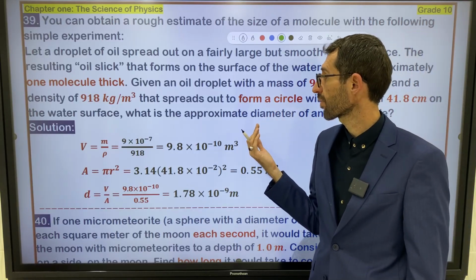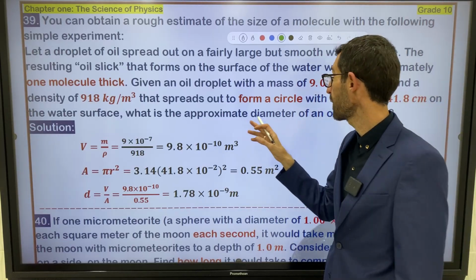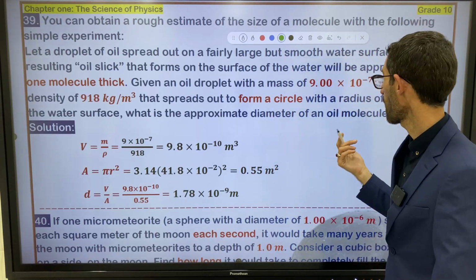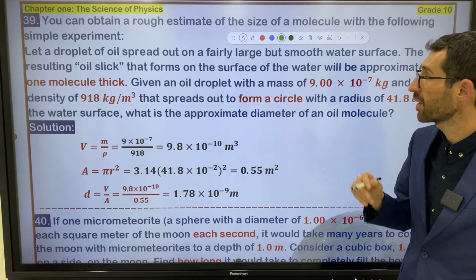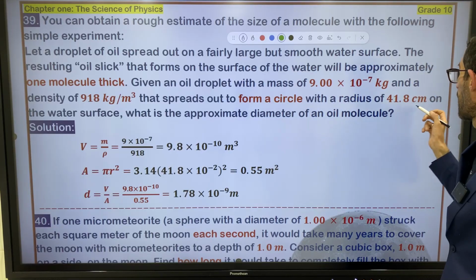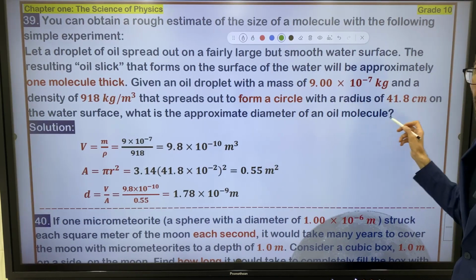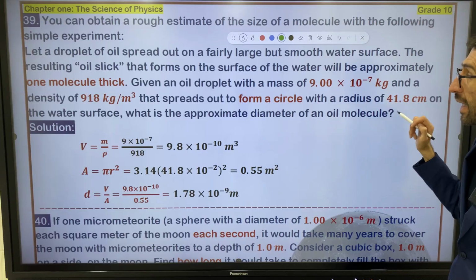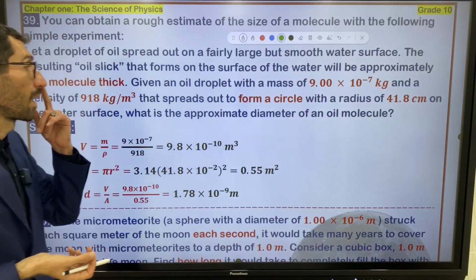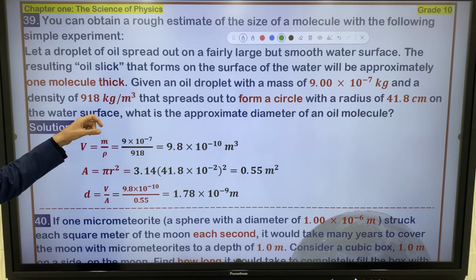After that, what's the approximate diameter of one droplet? We have some information here. We have a mass of 1 oil droplet. We have a radius, which is beneficial for finding the area of the droplet spread out. And here we have a density of oil, right?